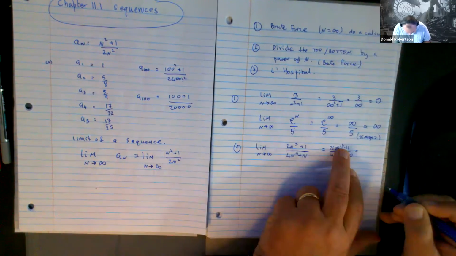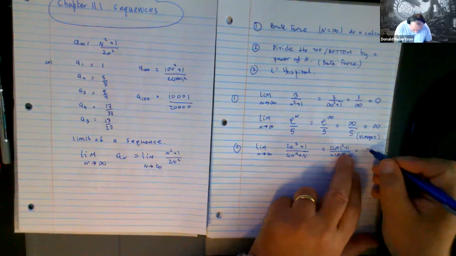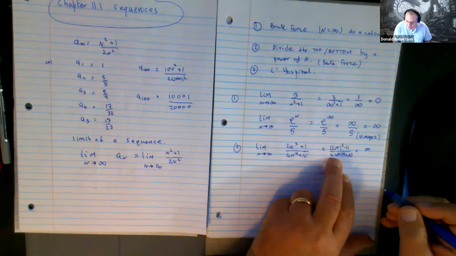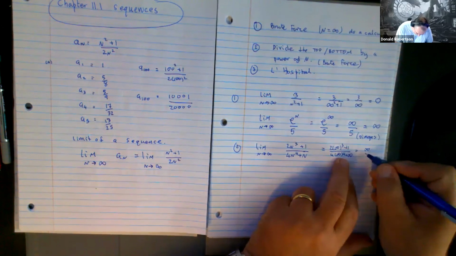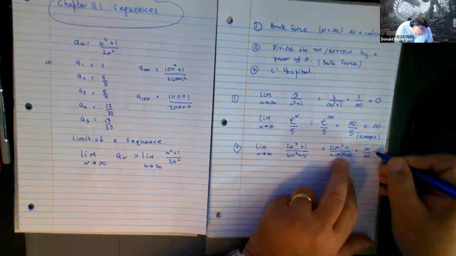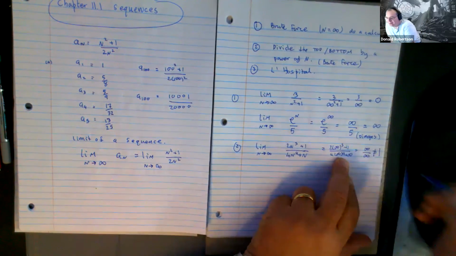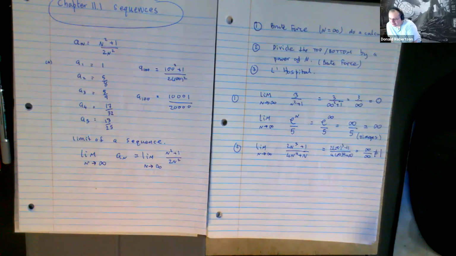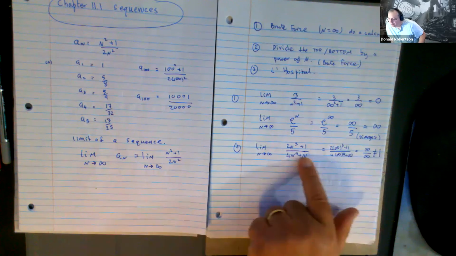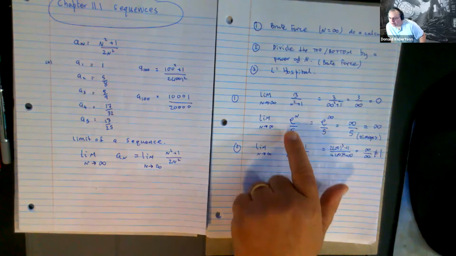Right, infinity cubed doubled and add 1 is still infinite. Infinity to the 4 times 4 plus some more infinities is still infinity. And no, it's not 1. Agreed? Infinity over infinity is just not on because some infinities are bigger than other infinities. I know it's a weird idea, but they are. So that's why brute force would not work on this case, but it did work in these two cases.